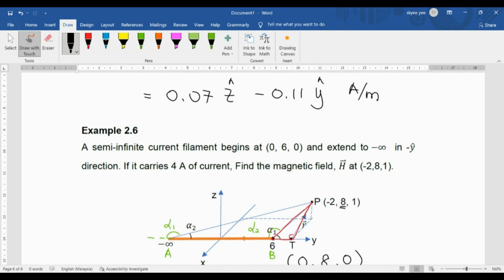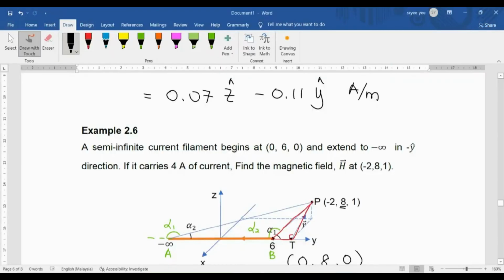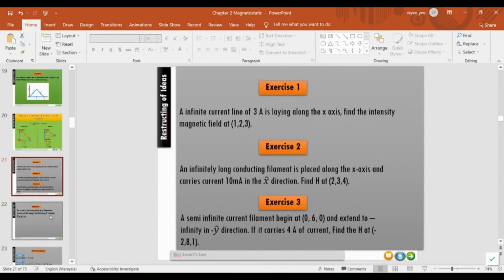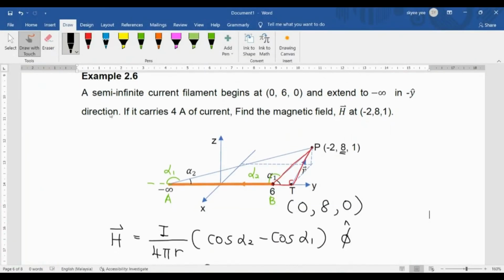Let me check this one. Okay, sorry, this one is correct because it begins here. So this one should be point A, this one should be point B.